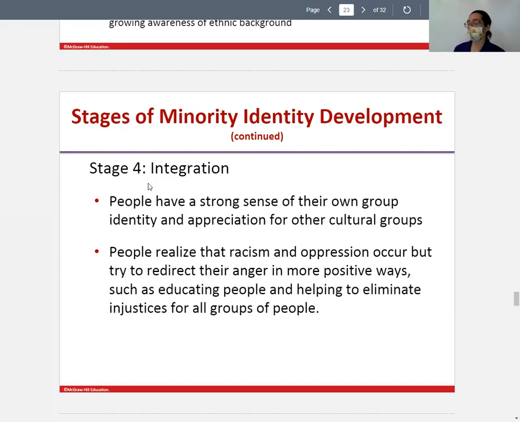As someone who's part of a dominant group, they might not see all of the things that someone in a minority group does. They may not realize these things are going on. So it's directed towards more positive ends of education, actually communicating with people, interacting, talking, and then helping people get rid of those injustices and those discriminations.